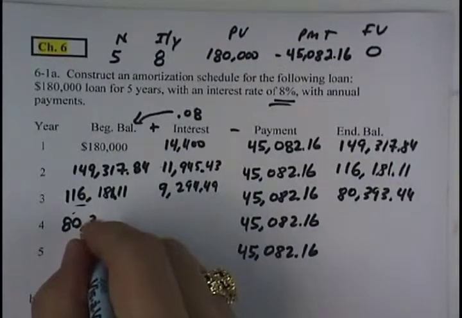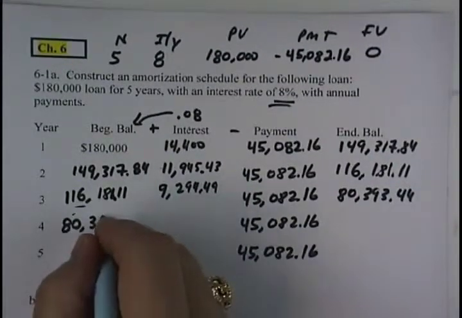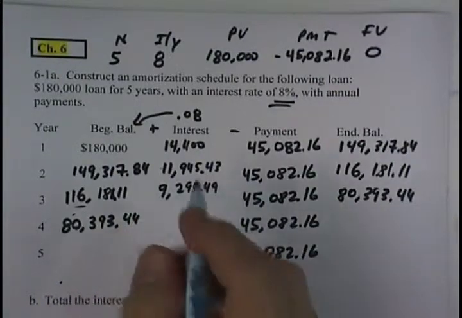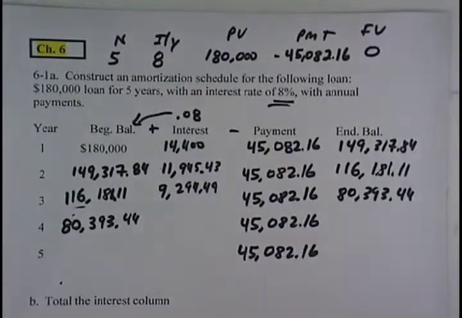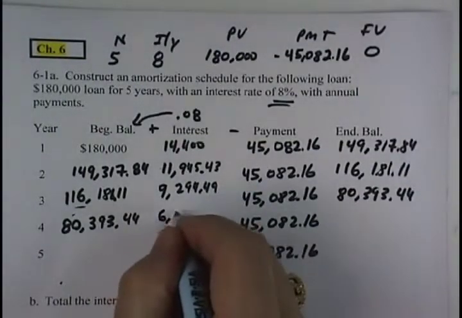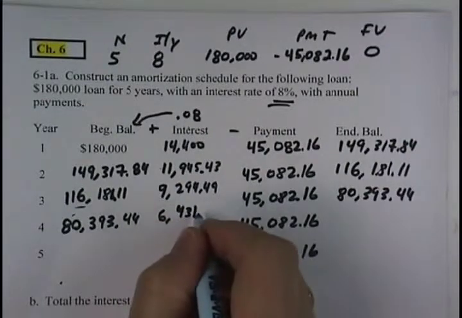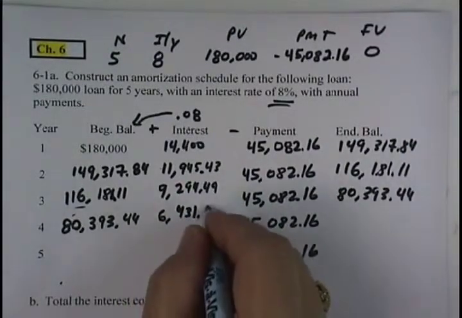I've got the loan down to $80,393 and 44 cents. So I multiply the 8% interest rate, and now the interest is $6,431.48.